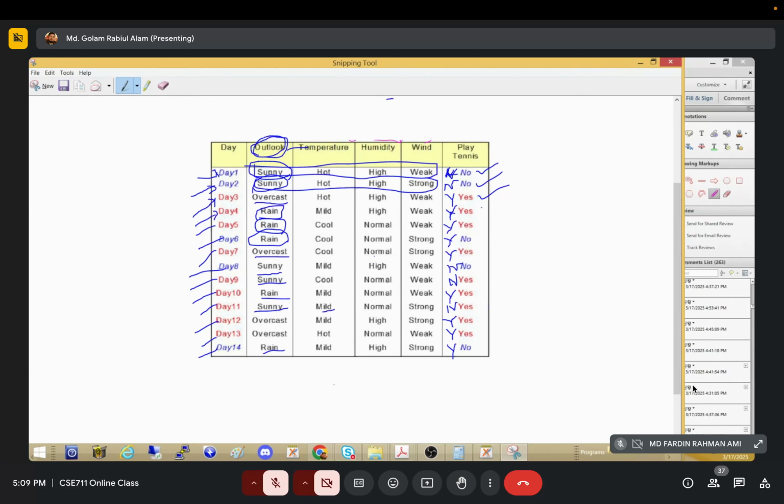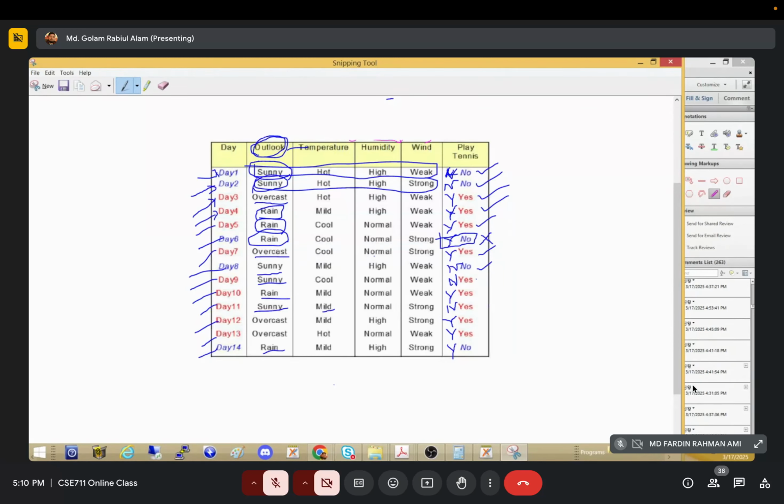Fourth is yes and yes. 5 is yes and yes. So correct classification. 6 is originally no, but our stump mentioned that the answer should be yes. So that means this is a misclassification. And day 7, yes and yes. So correct classification. Day 8, no and no, correct classification.